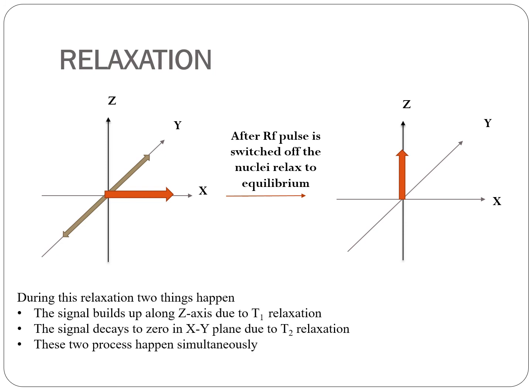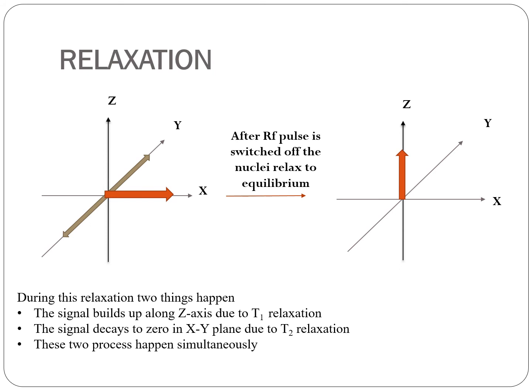It is of two types. The first one is T1 relaxation. The second one is T2 relaxation. T1 relaxation is the building up of the magnetization along the z-axis. T2 relaxation is the decay of magnetization along the xy plane. So these are the two processes by which relaxation is performed.